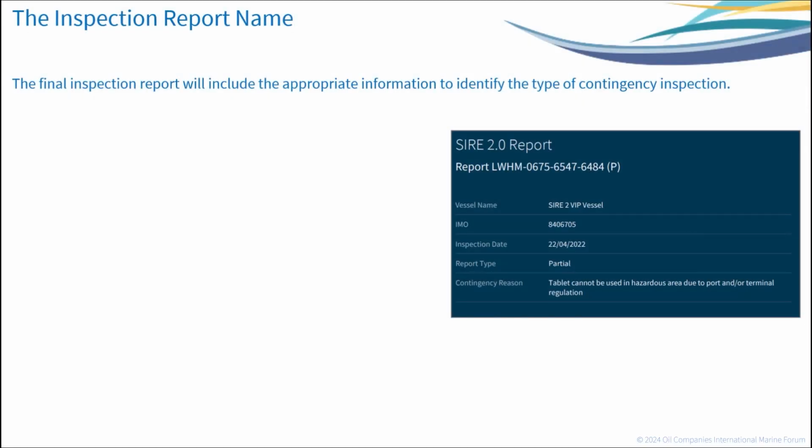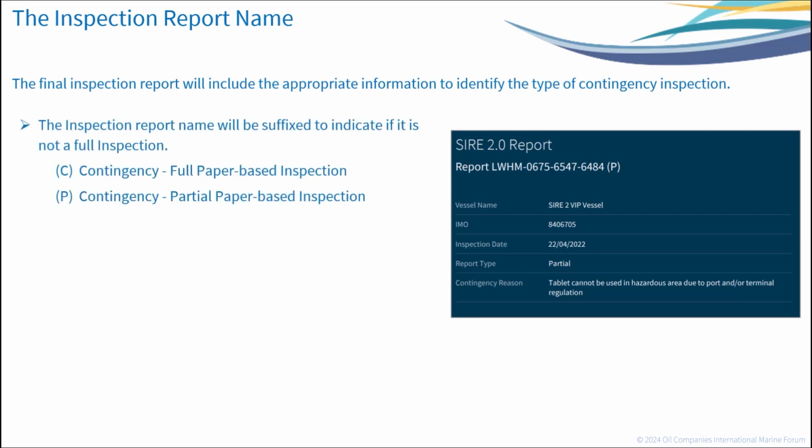The final inspection report will include the appropriate information to identify whether the report was a contingency or incomplete inspection. The inspection report name will be suffixed to indicate if it is not a full inspection. C, where the report is based on a full paper-based contingency inspection.